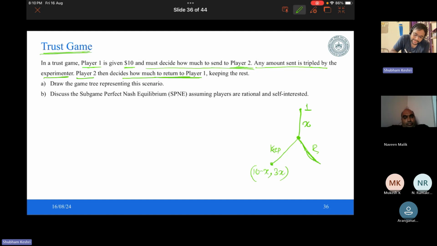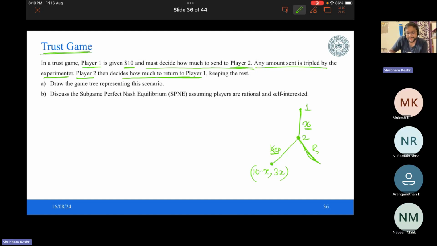When he returns, suppose he returns y, then player 1 will get 10 minus x plus y, and the utility of player 2 will become 3x minus y.